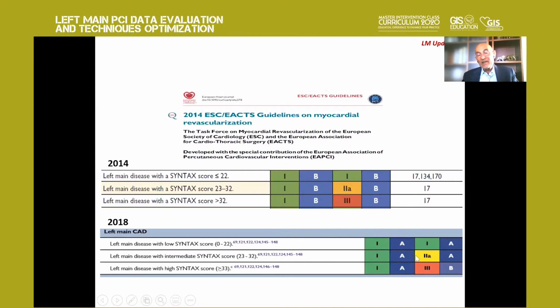Now we have the intermediate class, class 2A with evidence A. That means some improvement also in evidence that angioplasty in intermediate syntax score patients is competitive with surgery. What should be underlined is that in high syntax score, the preferred and first choice technique should be surgery, not angioplasty.